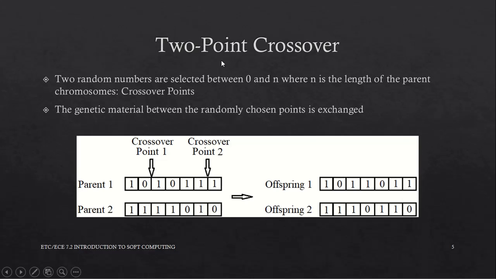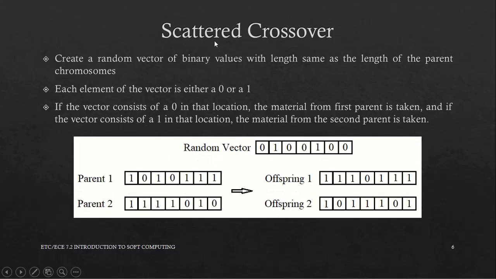Now let us consider the scattered crossover. In a scattered crossover, we first create a random vector of binary values. The length of this vector is the same as the length of the parent chromosomes. Each element of the vector is either a 0 or a 1, binary values.